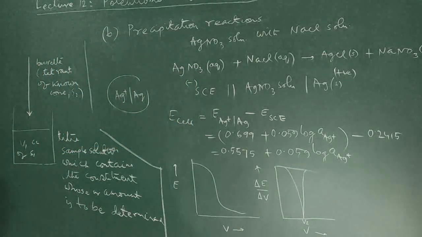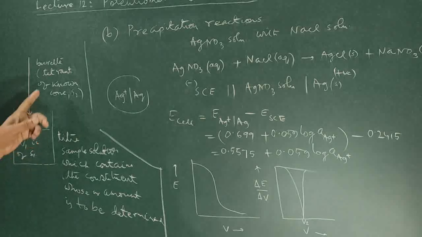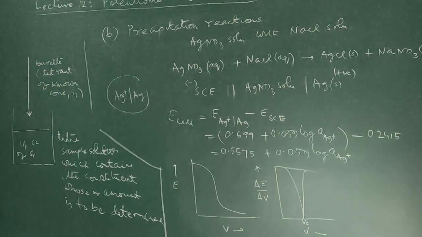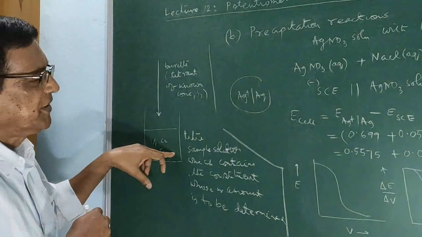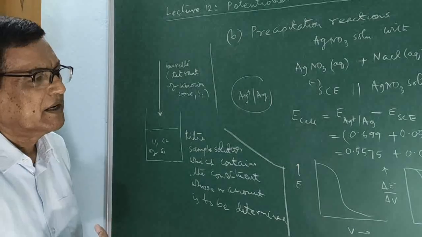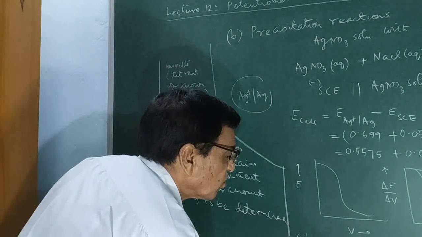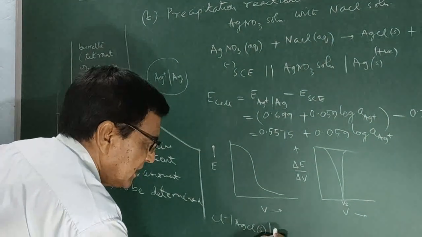Similarly, we can also take sodium chloride in the titer and silver nitrate in the titrant. In this case, the chloride ion in the sodium chloride is removed by reaction with the silver nitrate from the burette, and the indicator electrode will be chloride ion, silver chloride solid and silver.